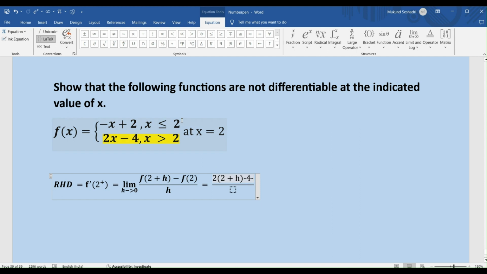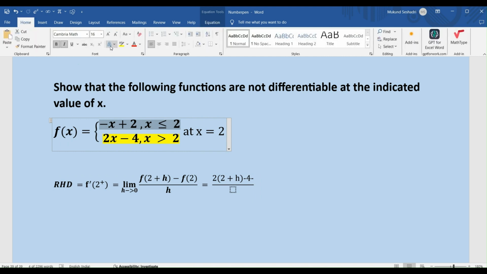And we know that when x is lesser than or equal to 2, we see that the function takes a value minus x plus 2, right? So I'm highlighting that now in yellow. And what is my minus x plus 2 when x equals 2? It is nothing but minus 2 plus 2, right? So which means it is a 0, right? And then I have my denominator still, which is h.